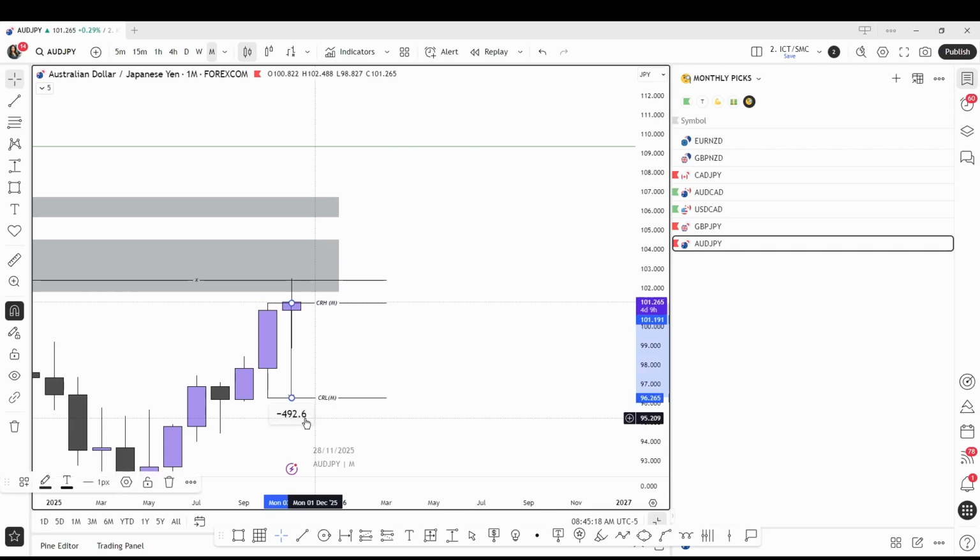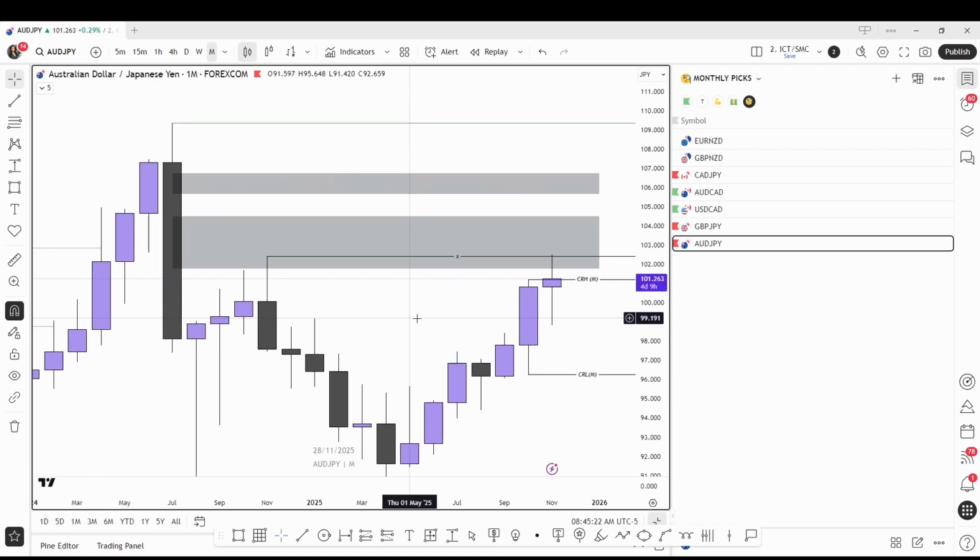I know that's a lot, right? If we zoom in a little bit, you can see this was the previous external range liquidity right here, and then price came up and wicked it. Again, we might come up a little bit more, but we're going down.